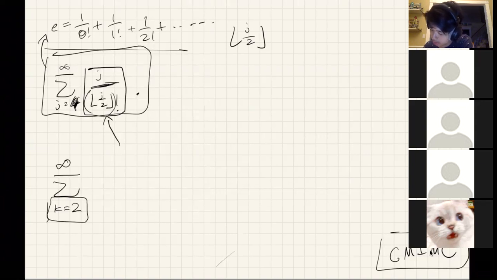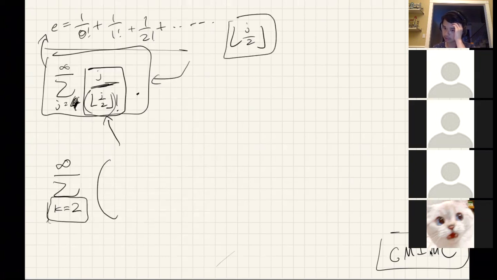So the key to this is to see that every value of the floor of j over 2 is going to be seen 2 times in this sum. It's going to be seen 1 time in the form of 2k over k factorial.